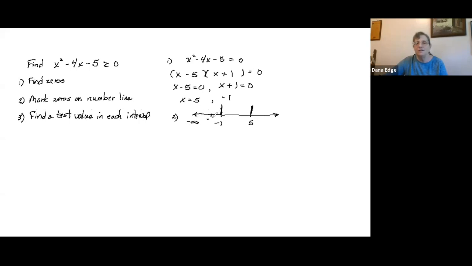I could use -2 as a number to represent everything over here. I could use 0 to represent every number in this interval. And I could use 6. I could use 573, but I don't know why I'd want to. I'm going to use 6.